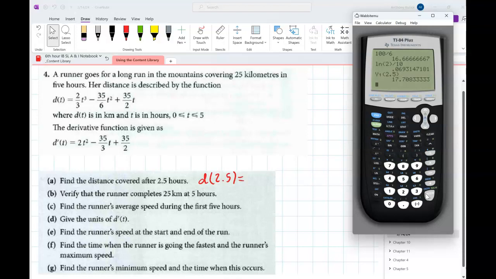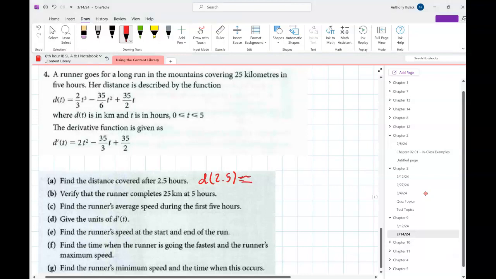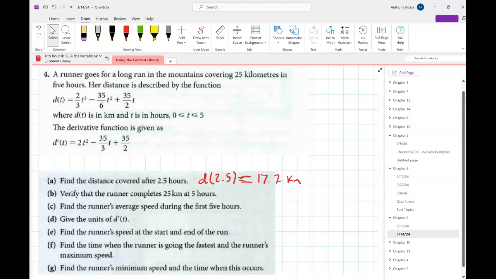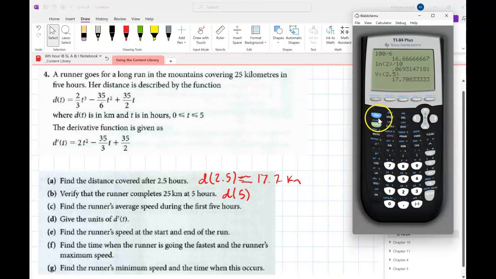Everybody's okay there? It says verify the runner completes 25 kilometers in 5 hours. How do I do that? Yeah, we're going to plug 5 into D and just make sure we get 25.